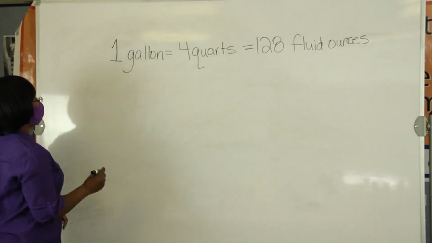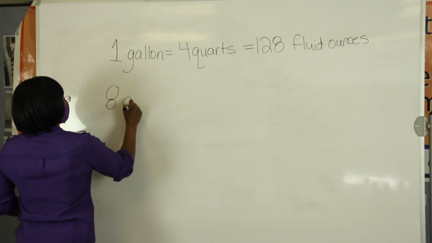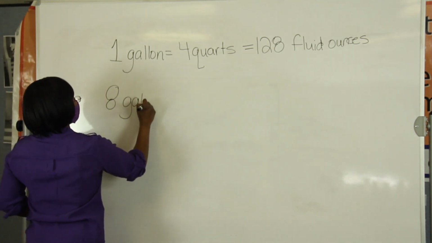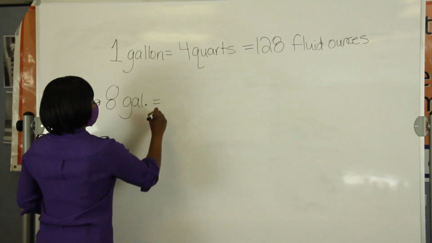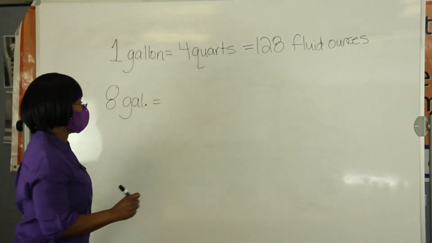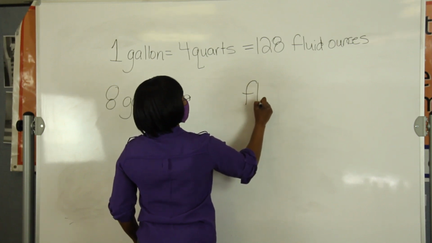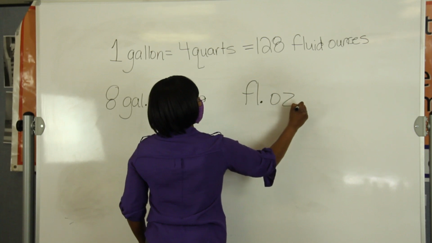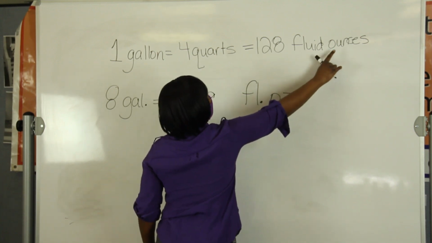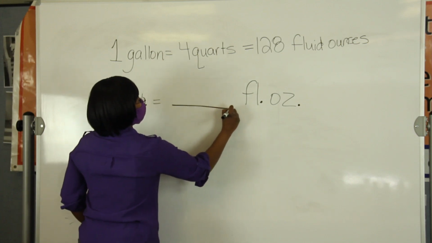So if we have 8 gallons, I'm going to put the abbreviation for gallons. We want to find out how many fluid ounces we would have.